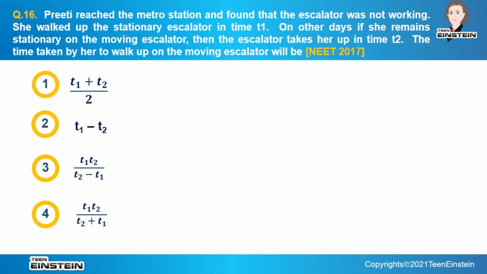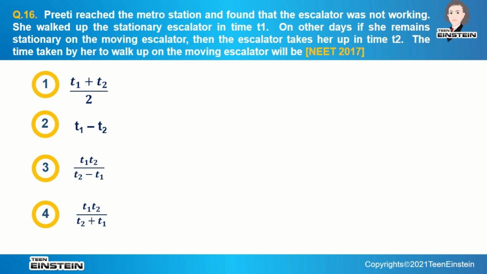Preeti reached the metro station and found that the escalator was not working. She walked up the stationary escalator in time t1. On the other day, if she remains stationary on a moving escalator, then the escalator takes her up in time t2. The time taken by her to walk up on the moving escalator will be. They have given you two conditions here.